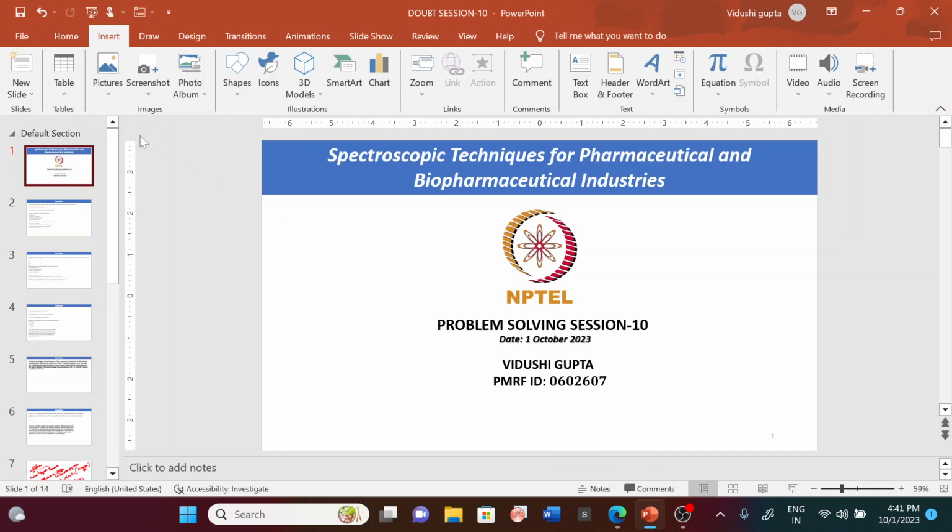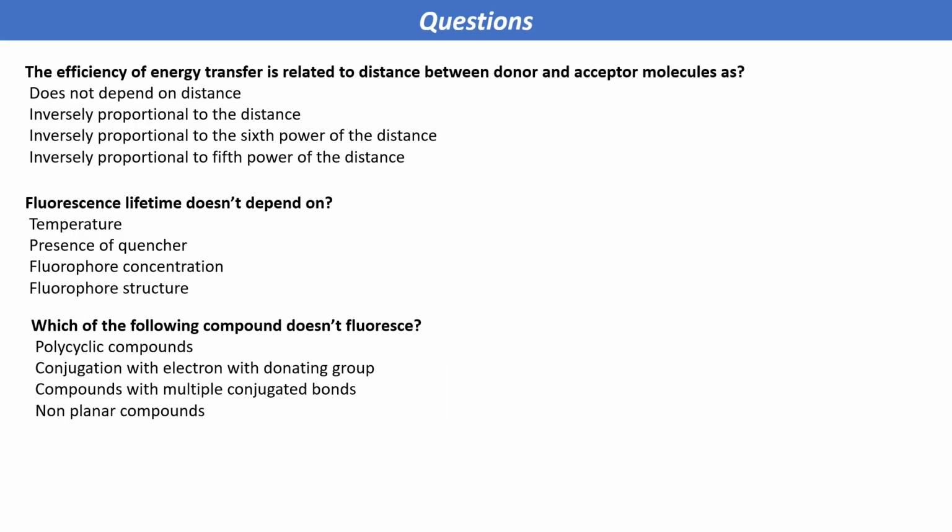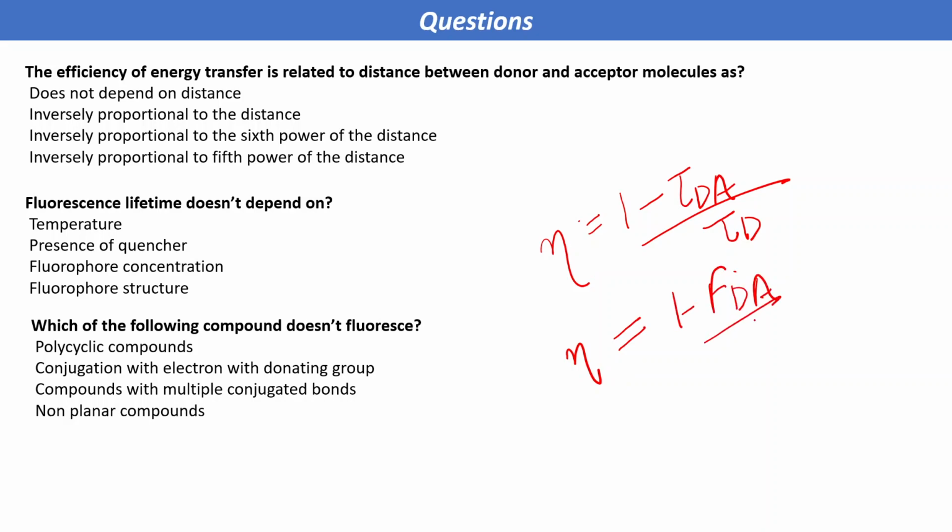So that's all for today. We have discussed energy transfer efficiency. Just remember, there are 2-3 formulas by which we can calculate energy transfer efficiency. It can be equal to 1 minus, in terms of lifetime, the lifetime of donor and acceptor divided by the lifetime of donor, or in terms of fluorescence intensity also: 1 minus fluorescence intensity of donor and acceptor divided by fluorescence intensity of donor.